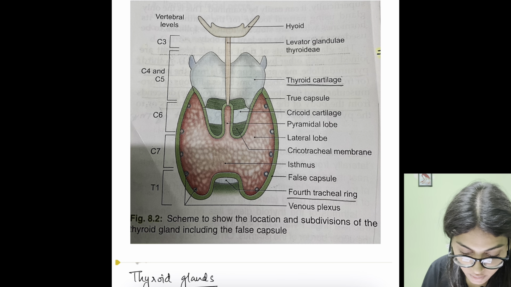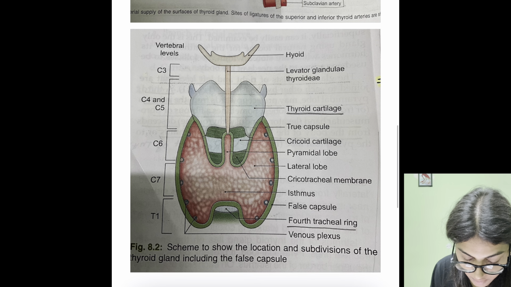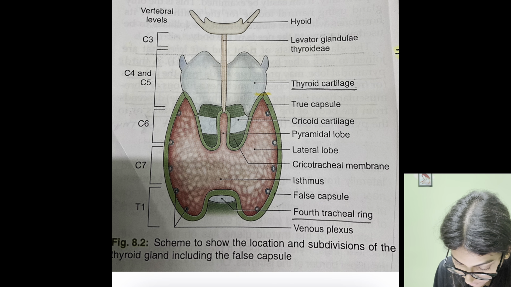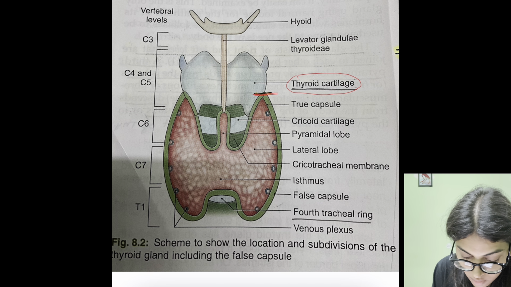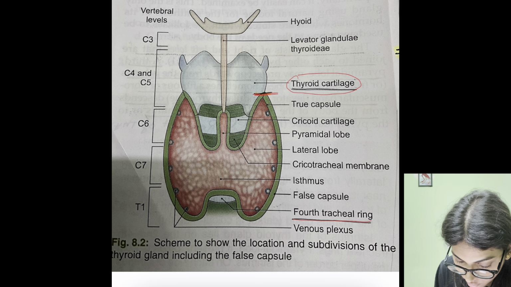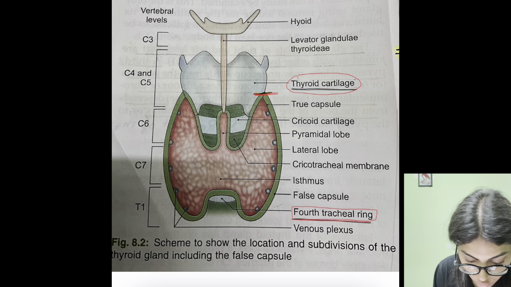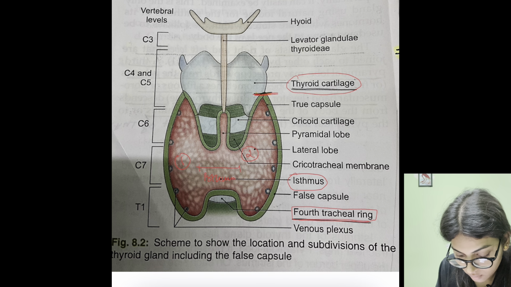This is our thyroid gland, and it is present between the middle of the thyroid cartilage and the fourth or fifth tracheal ring. These are our two lobes, and they are connected by the isthmus. This is the isthmus.